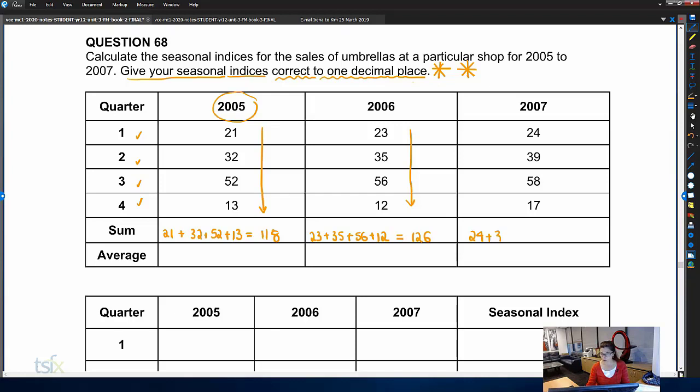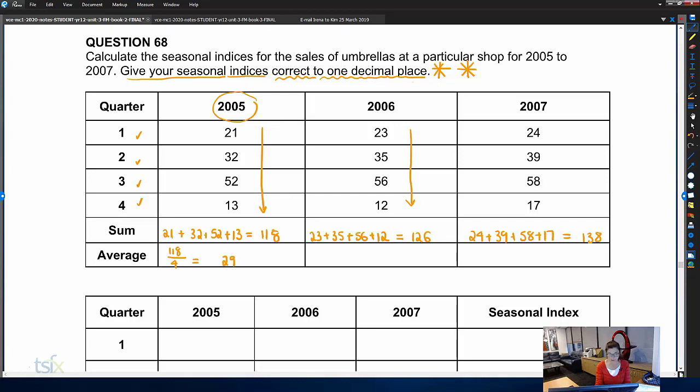For 2007: 24, 39, 58 and 17. And when you sum those all together, you get 138. Now we want our average. I'm going to take that sum. There were 4 seasons, so we divide it by 4.